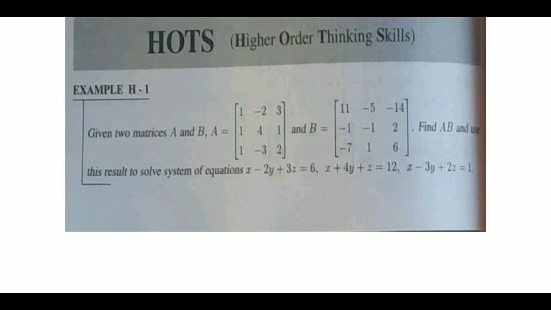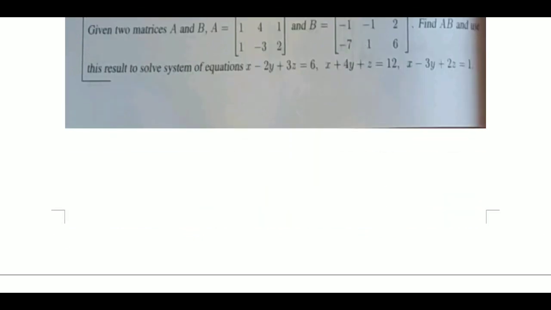So what will you do? As the first step, find AB, A into B. So we first write A and B, and then multiply them, we get A into B.